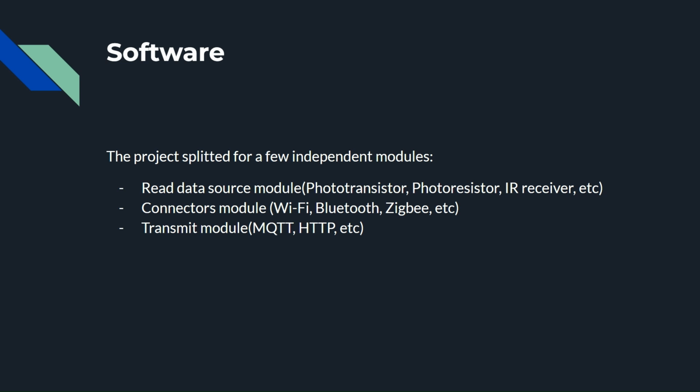Regarding the software, the project is split into a few independent modules. The first module is the Read Data Source module. It allows us to get data from phototransistors, photoresistors, infrared receivers, and more. Another independent module is the Connector module. We can use Wi-Fi or Bluetooth or Zigbee or any other wireless or wired technology.